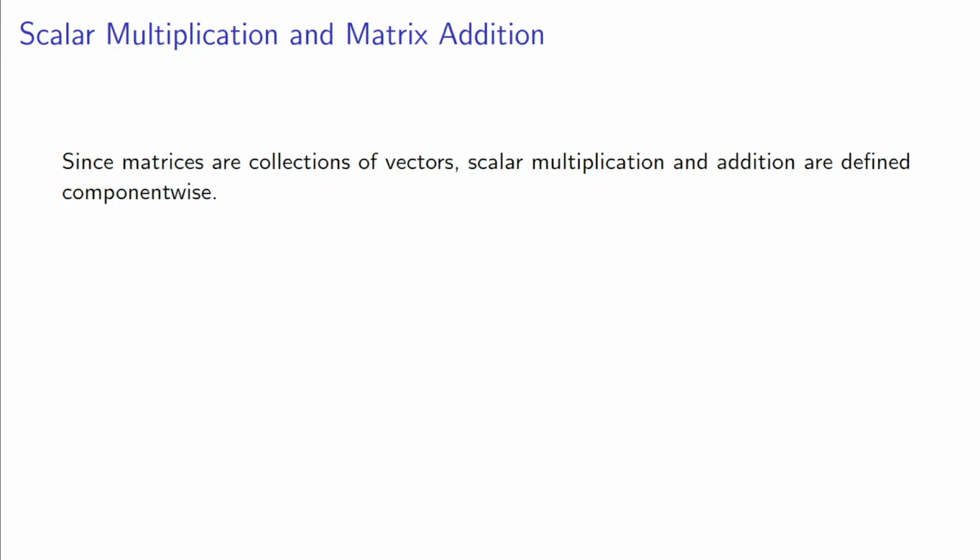Thinking of matrices as collections of vectors allows us to think about a way to use scalar multiplication with matrices as well as addition. So we're going to carry over the way we were using scalar multiplication and addition from vectors.